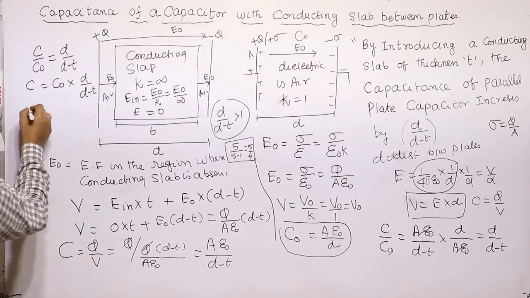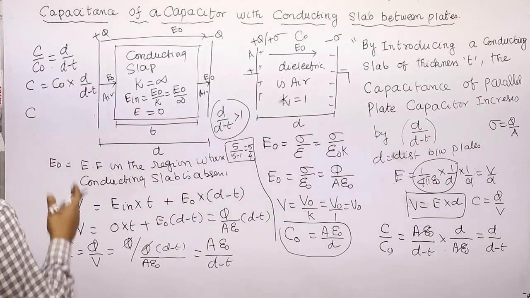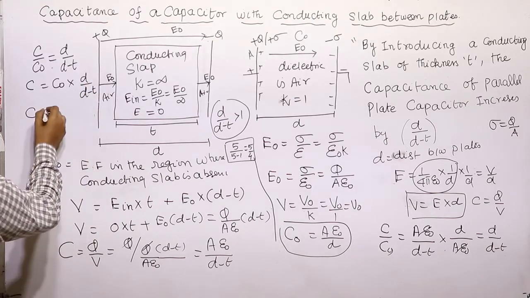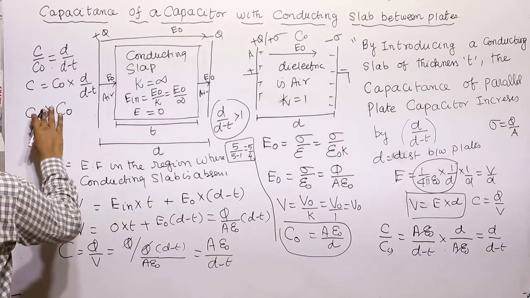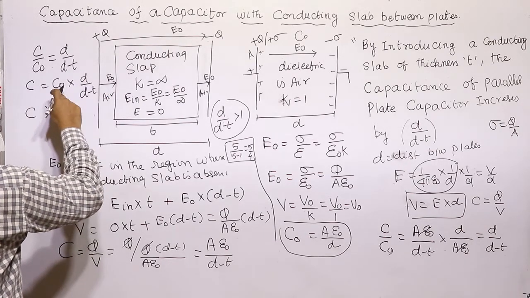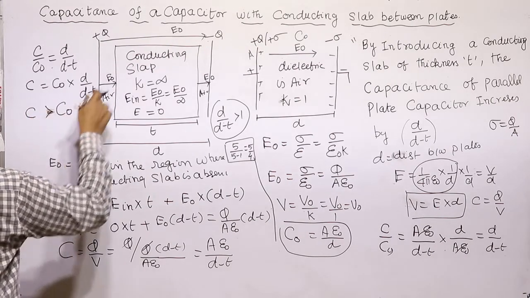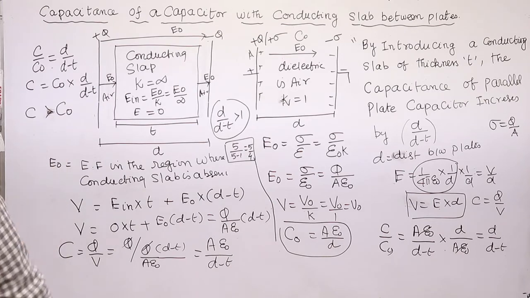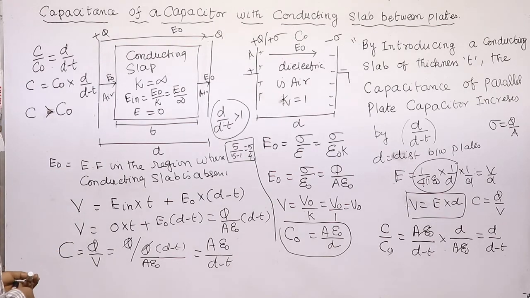So we can say the capacitance when a conducting slab is introduced between the plates is greater than C naught, because this factor is greater than 1, say 1.5. So it is 1.5 into C naught. It means the capacitance when the slab is inserted is greater than the capacitance when air is kept as a dielectric.